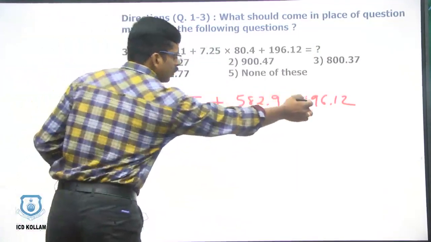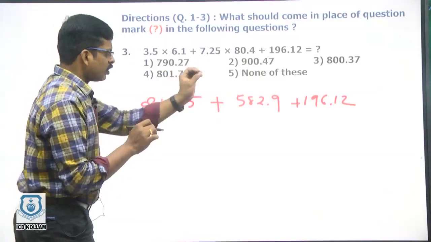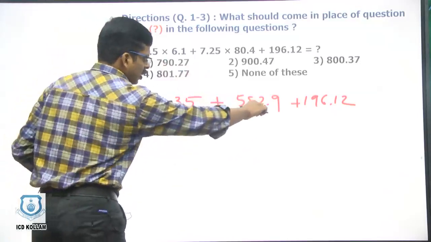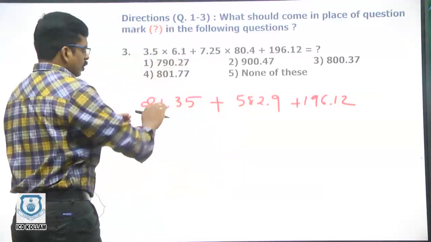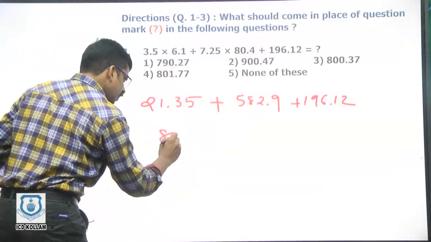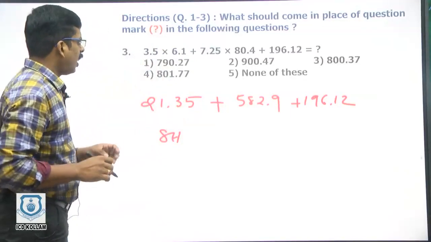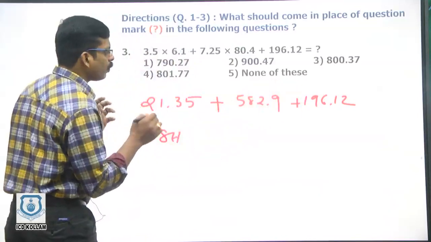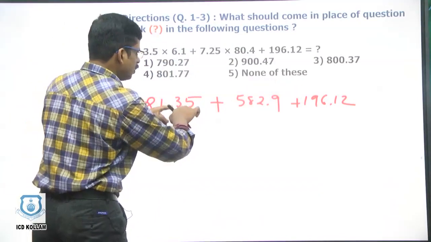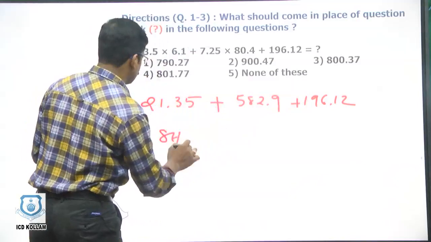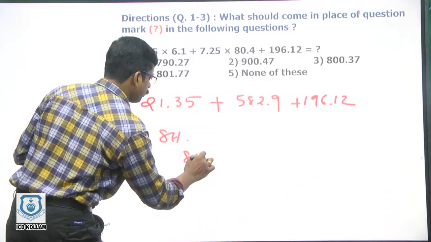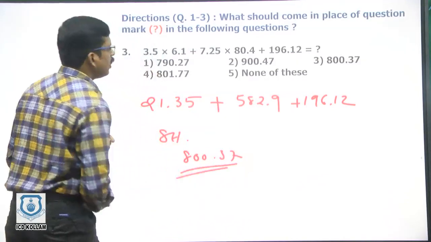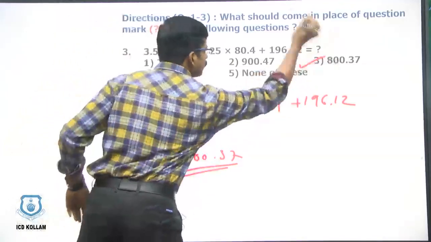Now a shortage of 4 means 200, by this number 600, 800 first, and now we have the remaining portion. It is 0.37, 800.37, yes, it is the correct answer.